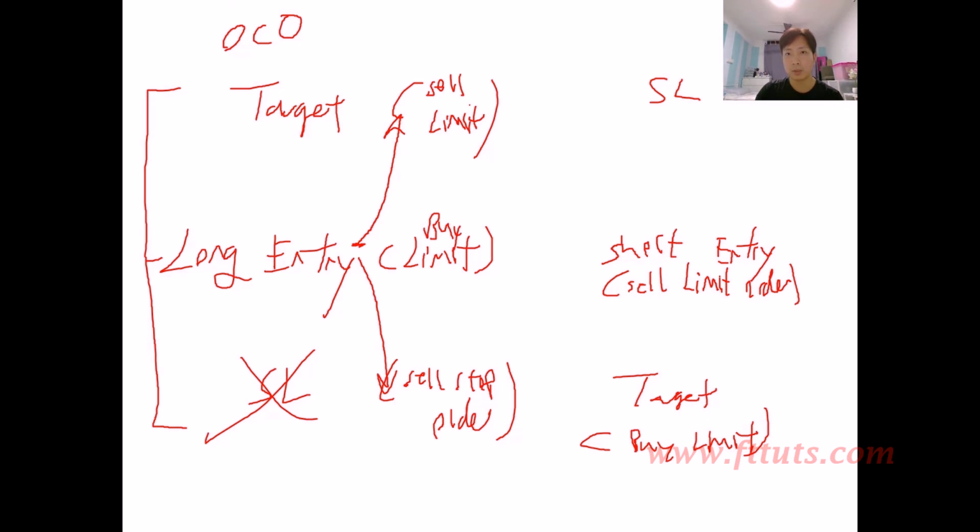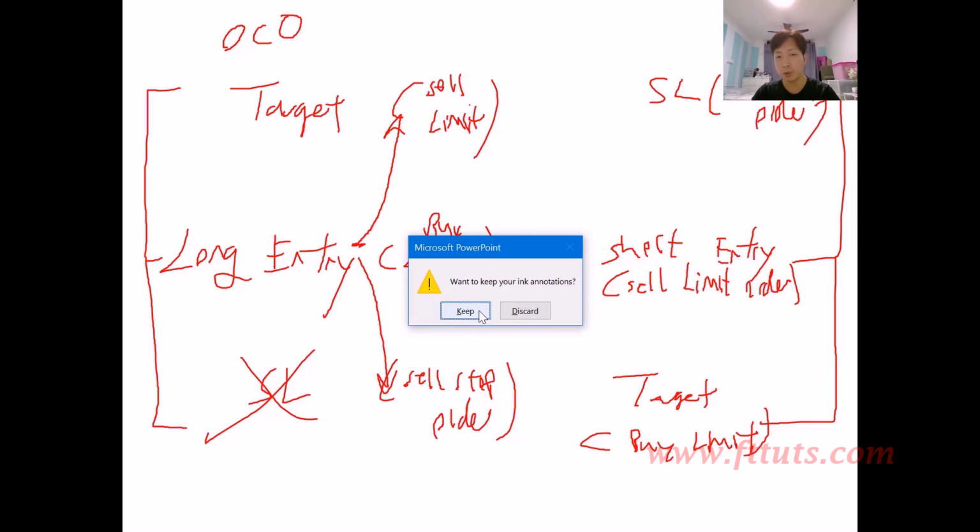Your stop loss order is a buy stop order. Okay, so they're all linked. When you put a sell limit order, the buy stop order and the target order will only come out once the short entry or the sell limit order is filled. So this is what happens in theory.